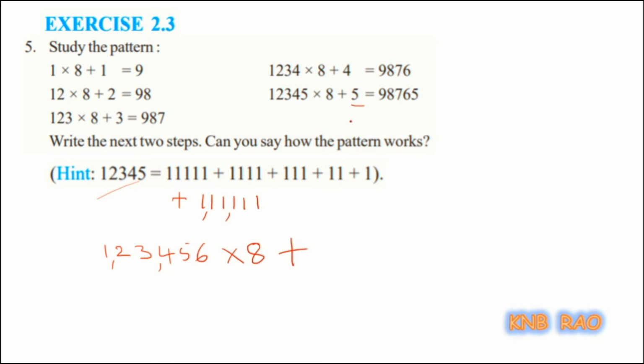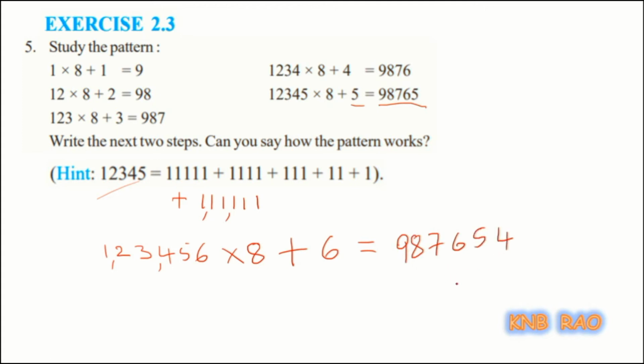5 is added. When I have taken 6 times this pattern, 6 to be added. Then what is the product of 1,23,456 by 8? Then to that product 6 added will be, you can watch out here, decreasing digits of 9 onwards. 9, 8, 7, 6, 5, 4.